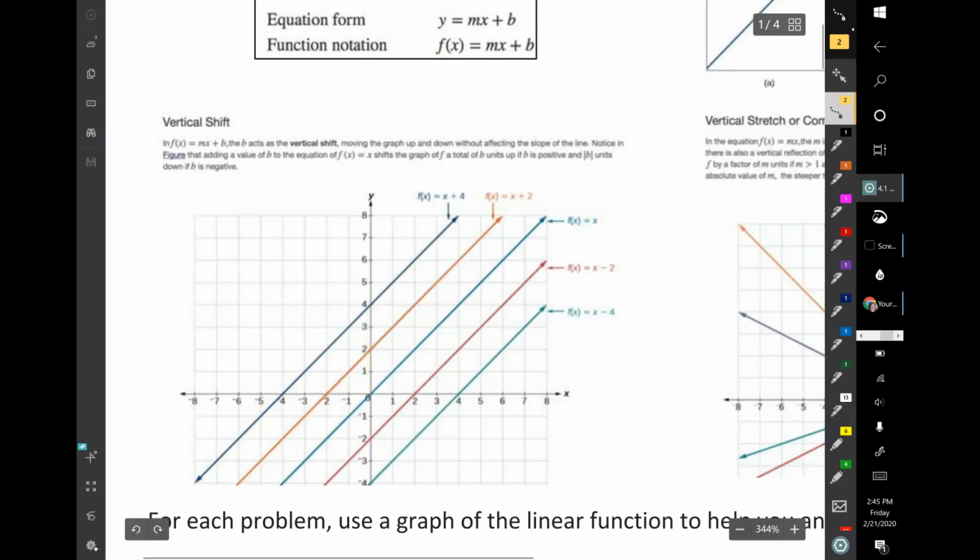So basically you're taking that whole line and just moving it up. That's what a transformation is. We also could shift to the left or right if the x is affected, but that gets a little trickier. So we'll get into a little bit of that later.